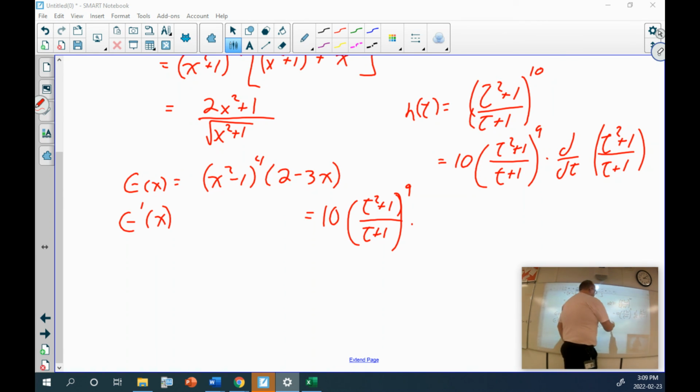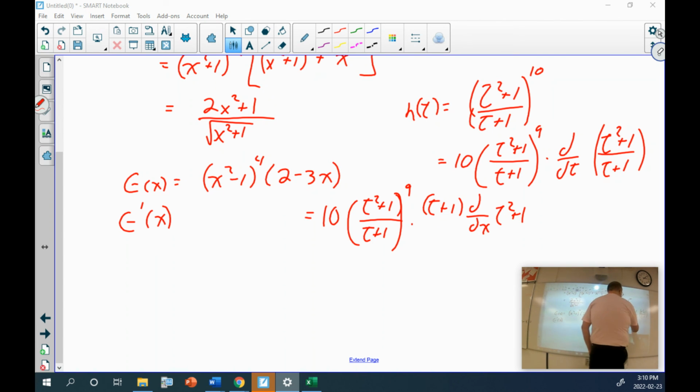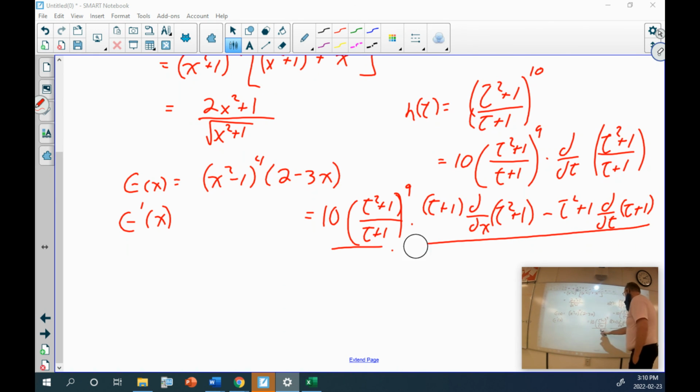So that will be t plus 1 times the derivative of t squared plus 1 minus t squared plus 1 times the derivative of t plus 1 all over t plus 1 squared.